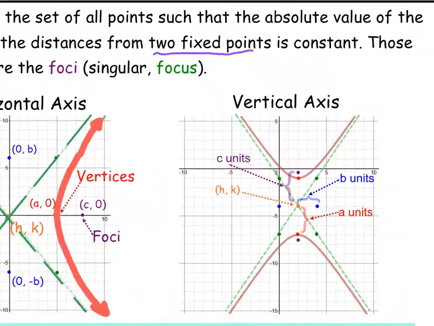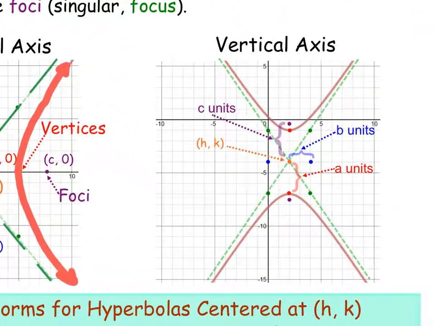Over here with this picture, this is more about focusing in on those distances. So I really wanted you guys to see that when we have the center plotted, A is the distance to the vertex, just that idea that it's A units away, up and down in this case. Then we have that B value, which is B units away from the center in each direction.